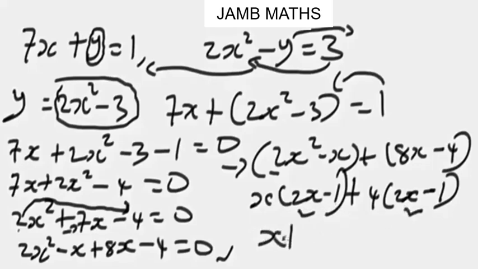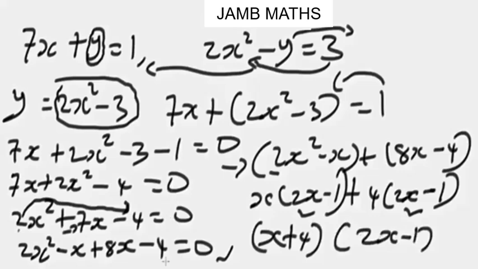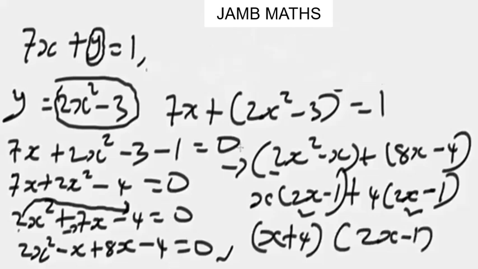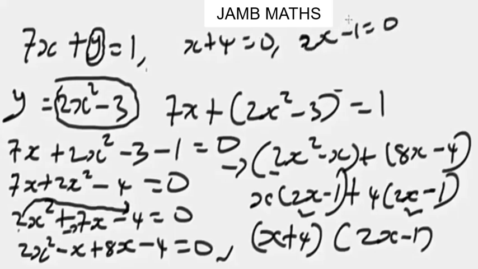So we're going to have x plus 4 and 2x minus 1. All right, so let me wipe up and complete this solution. So that means our x will have two values. Now, x plus 4 equals 0 and 2x minus 1 equals 0. So we make x the subject of the formula here.